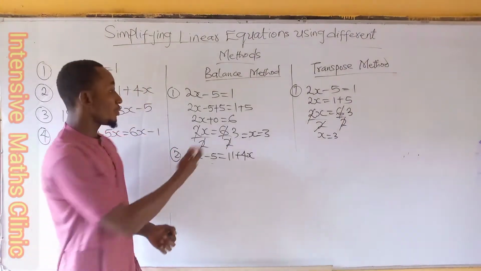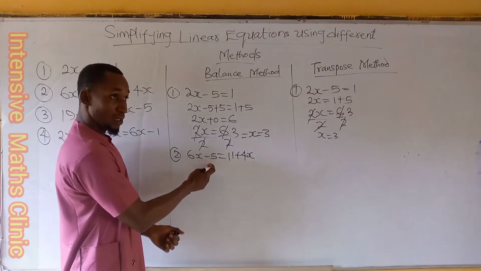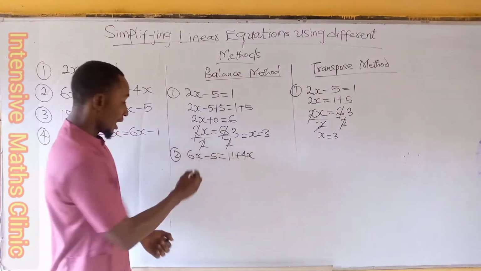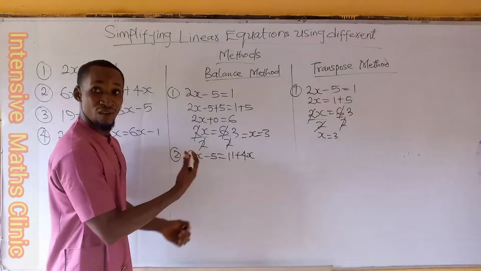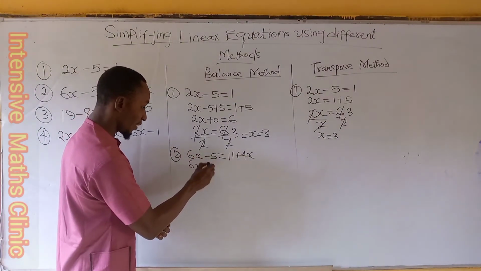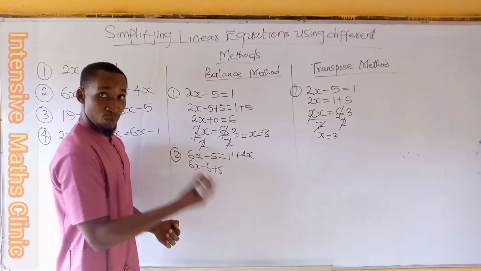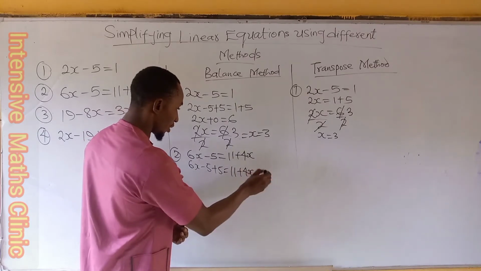Just like what we've done here, we look at the additive inverse of minus 5, which is plus 5. We add it to both sides. It becomes 6x minus 5 plus 5 equals 11 plus 4x plus 5.